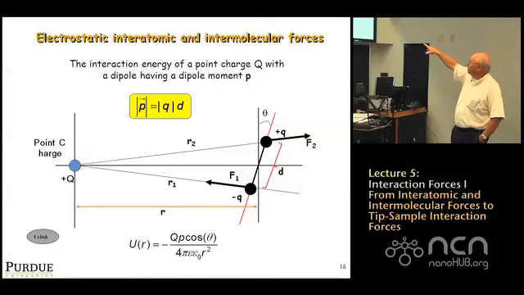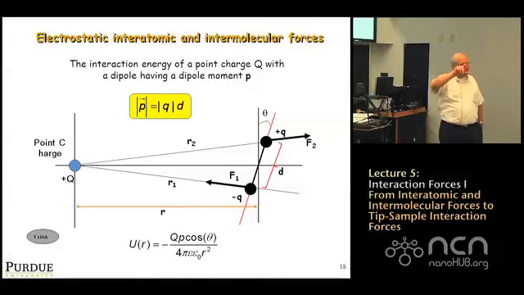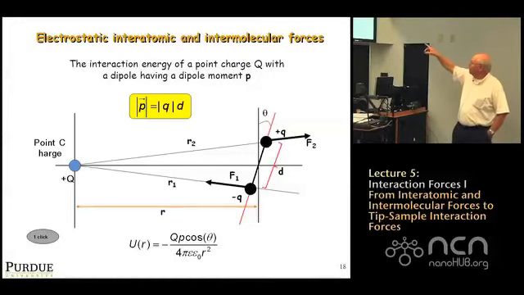And so there'll tend to be a torque on that dipole. If it's pinned at the center of the dipole, because of these forces, the dipole will try to reorient itself. It'll try to twist.